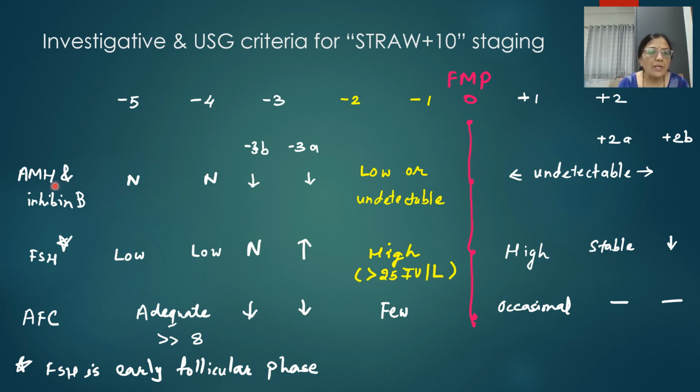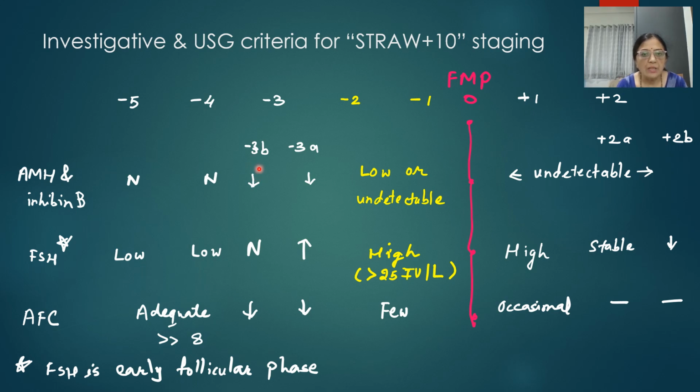So as expected, AMH and inhibin B are normal in the early reproductive and peak reproductive phase, that is -5 and -4. Some decline in AMH and inhibin B is the first feature that a woman has entered the late reproductive phase.